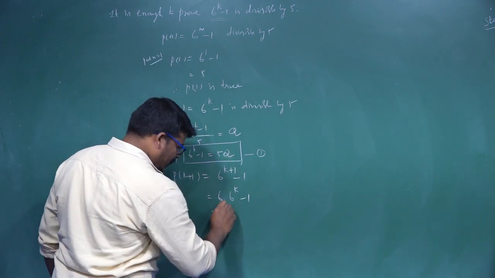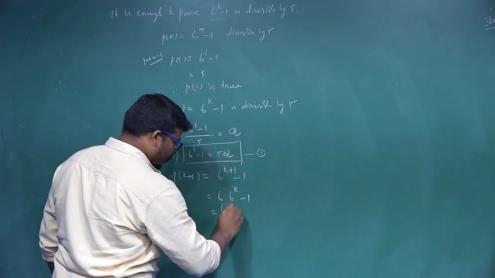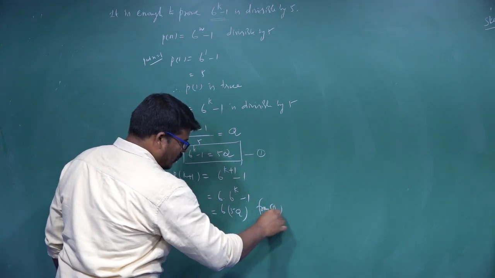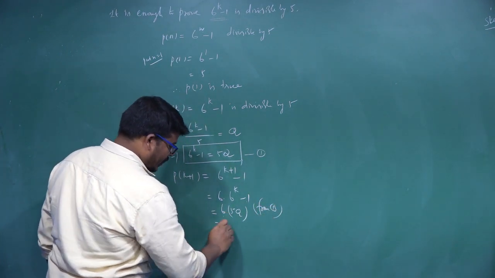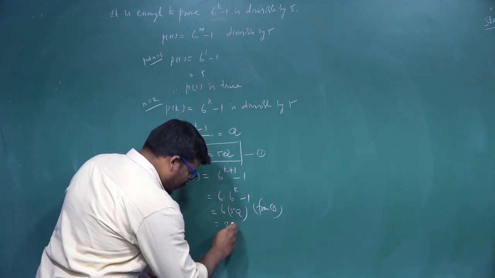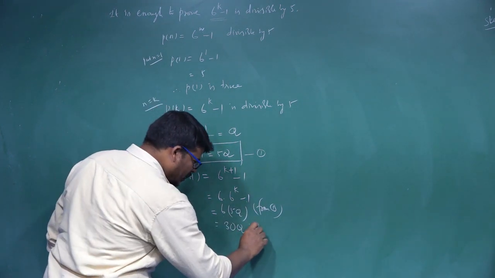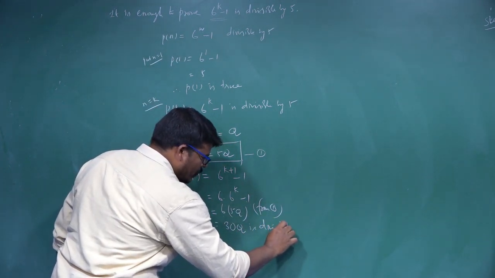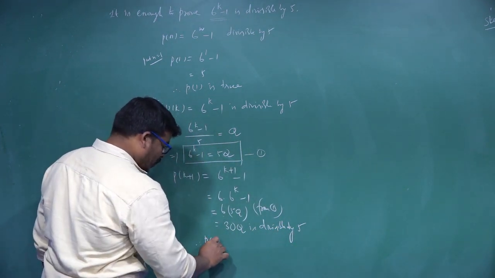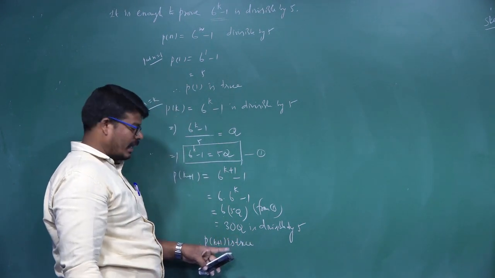From equation 1, 6 power k minus 1 is 5q. 6 fives are 30, so 30q, where 30 is also divisible by 5. So therefore P of k plus 1 is true.